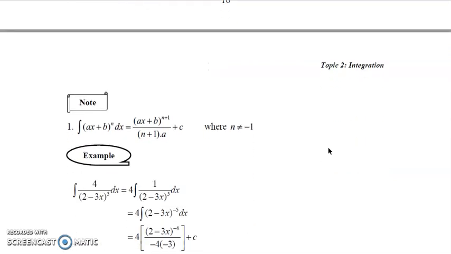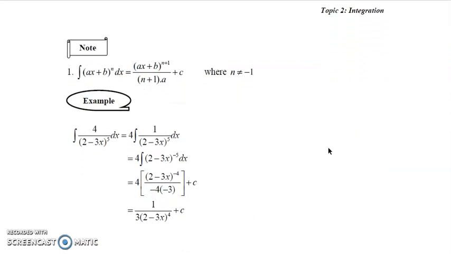Okay, have some examples again here. If you look here, if you are given x plus b to the power of n, you can have it this way: x plus b to the power of n plus 1, over n plus 1, multiplied with a. As an example, we are having 4 over 2 minus 3x to the power of 5 here.